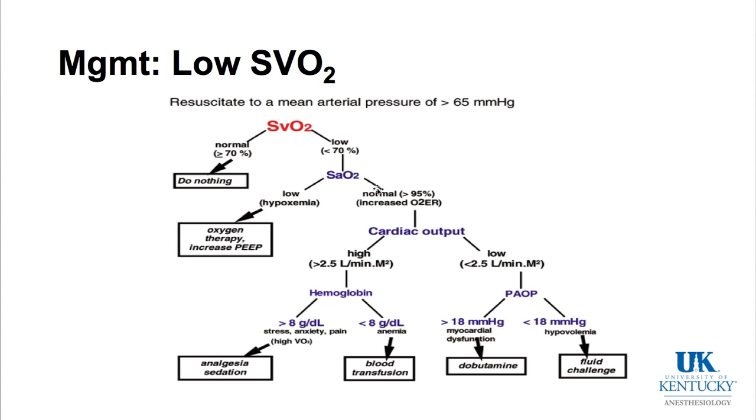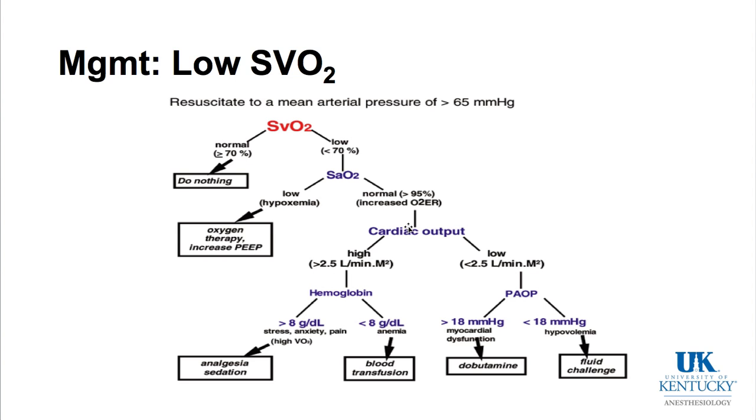Now, if the SaO2 is okay, SpO2 being a surrogate of it, we can say, aha, our SpO2 is okay, we better look for another cause. Well, maybe it's cardiac output. We're just not delivering enough cardiac output. So we measure that, and if it's greater than 2.5 liters per minute, that's a pretty good cardiac output.